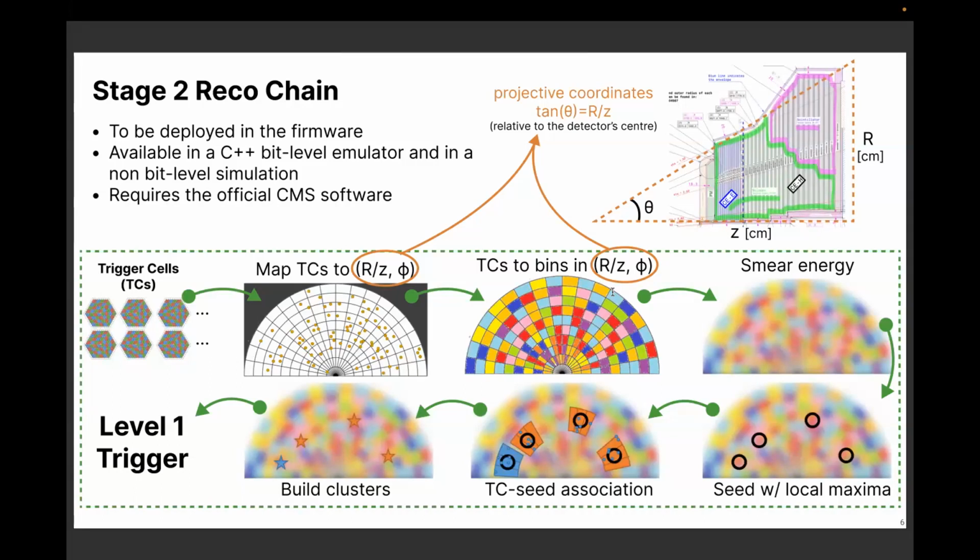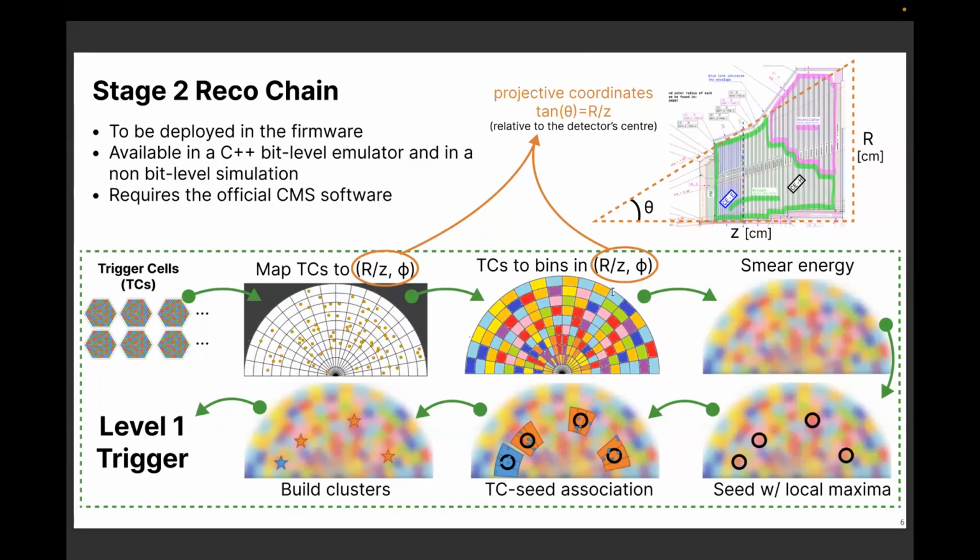And we map these trigger cells to a specific space, as a function of r over z versus phi, where phi is the azimuthal angle in CMS, and r over z is a projective coordinate space, which projects into 2D all the layers of the sampling calorimeter, further reducing the available information.